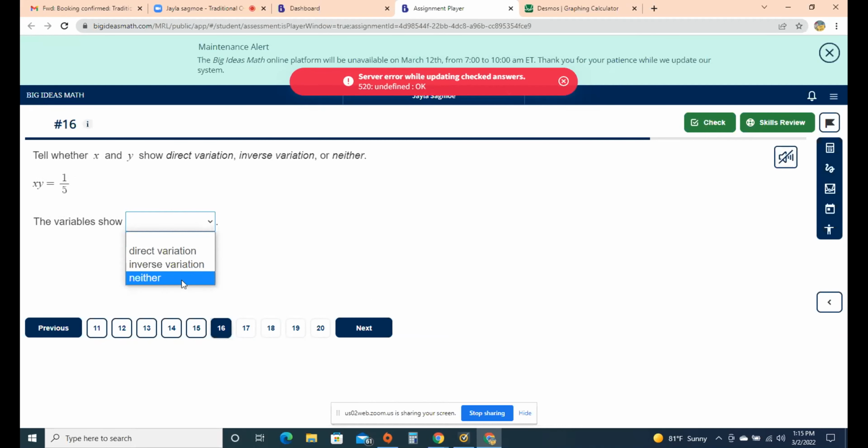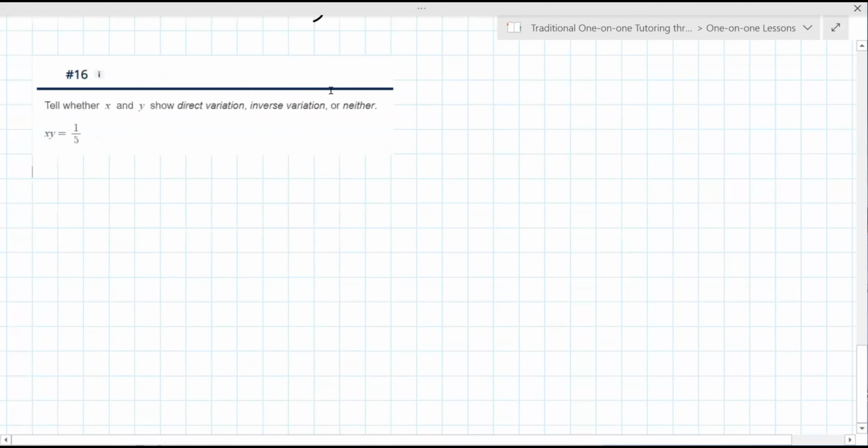Would this be neither? Or would it be an inverse? I didn't do this in the last problem, but I'm going to share my screen. You really do want to solve for y. So let me share my screen real quick to answer this. When you solve for y, you divide both sides by x.